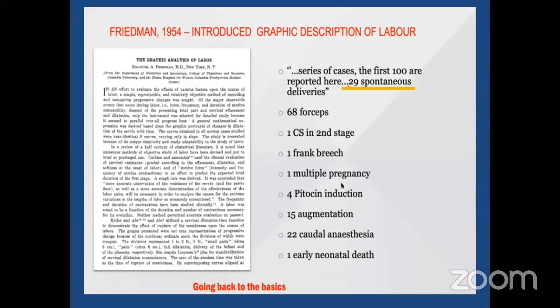And when we say going back to the basics, what do we mean? Going back to the partogram. Now we all know that it is Mr. Friedman who gave us the partogram. And what did he do? He just plotted the time versus the cervical dilatation and of course the head descent, and tried to see how the lady delivers and what happens.